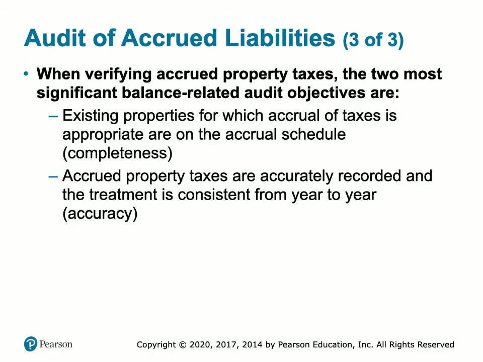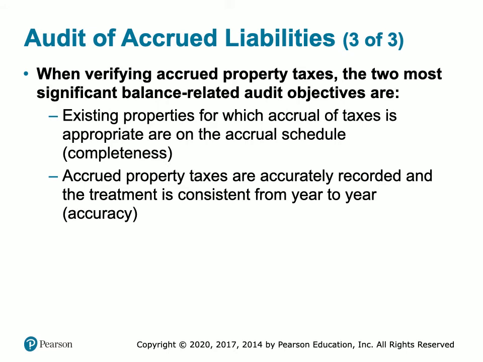So property taxes, you can accrue property taxes, right? Normally if it's a calendar year end in California, you don't need to accrue them because you paid the first half of your property taxes in December already, and so you've got a clean break because that's for the first 6 months of the governmental year, which starts on July 1st.